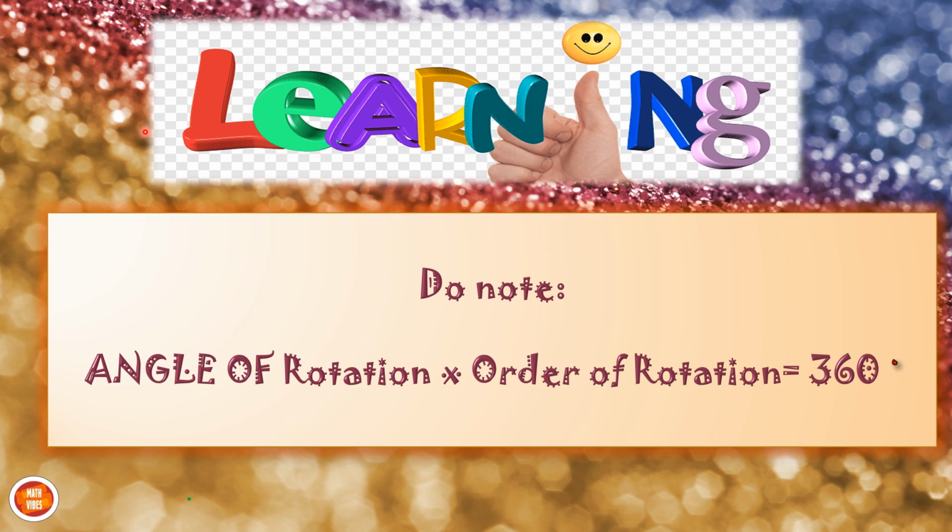Okay, so this is one very important formula to find either the angle of rotation or the order of rotation if one is known. All right, hope you have understood the topic.